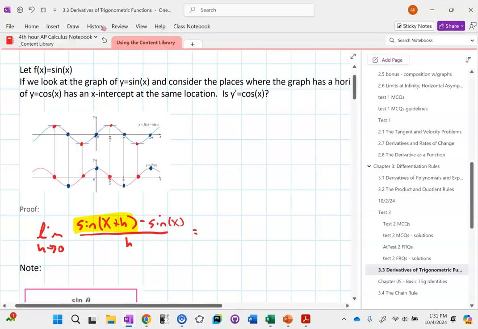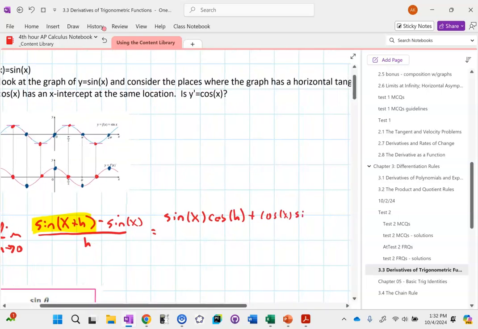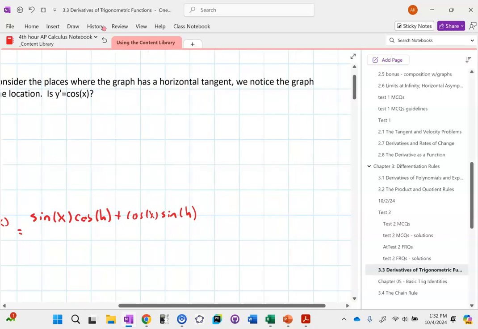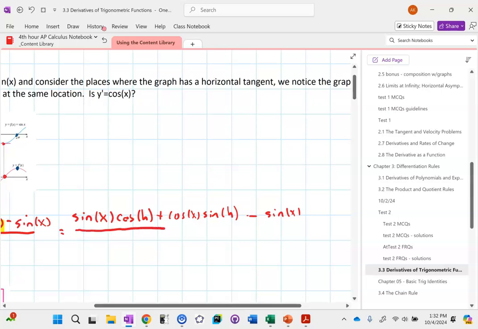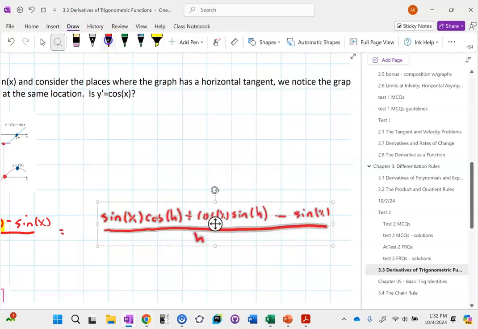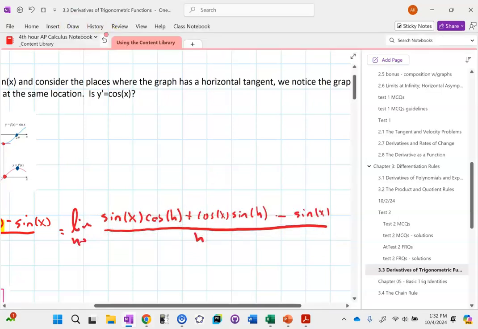That's going to be sine x times cosine h plus cosine x sine h. And then I still have this guy here. Oh dear, what did I forget? Got my limit. Ah, those limits.